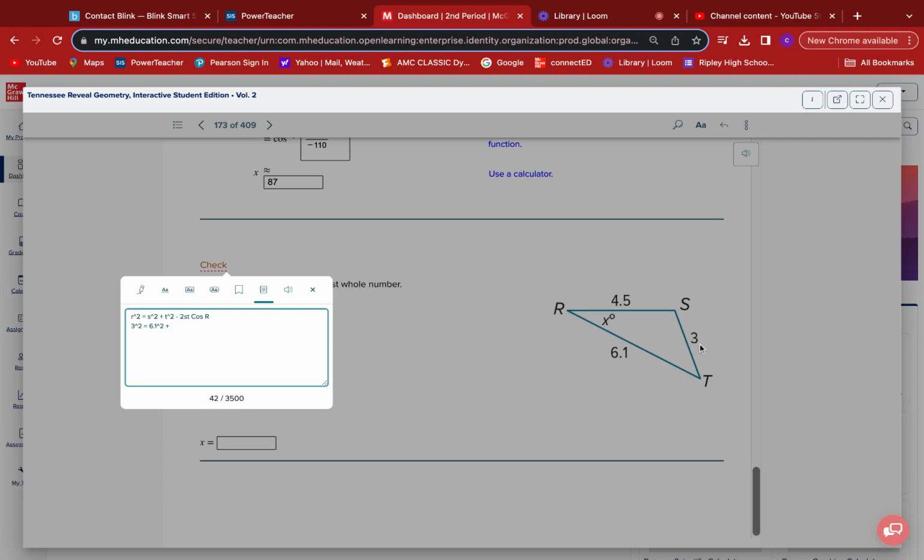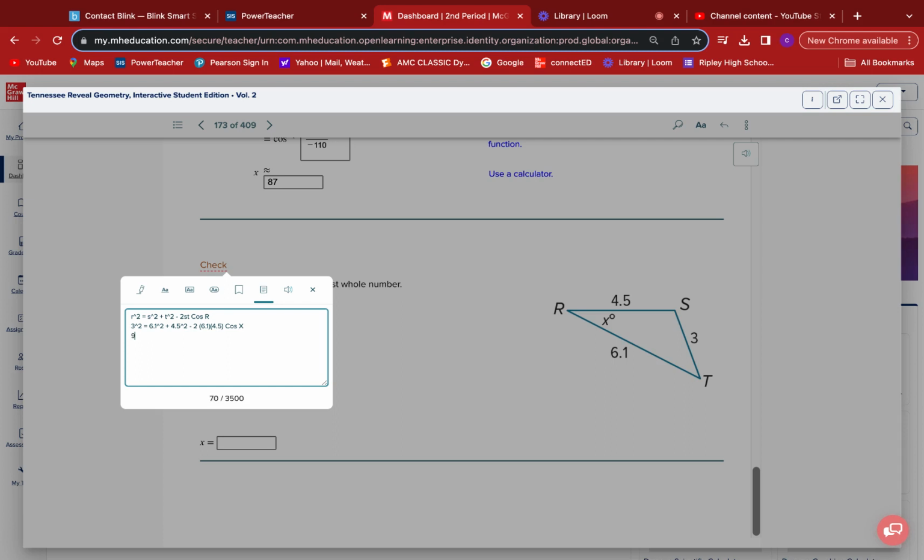Filling in for T is a side across from angle T, that's 4.5 squared minus 2 times 6.1 times 4.5 times the cosine of X, because I do not know what angle R is.